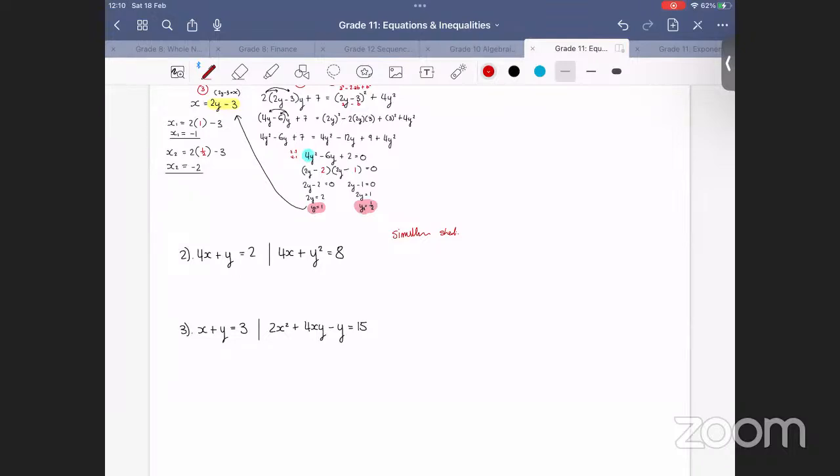Overall, it seems like we are in the middle of everyone, which is really good. Rationalizing the denominator would fall under the bonus. Okay, it seems like we're in the middle of everyone, which is excellent, actually. We did equations and inequalities. We need to do exponents and surds, and then we'll get to trig eventually.